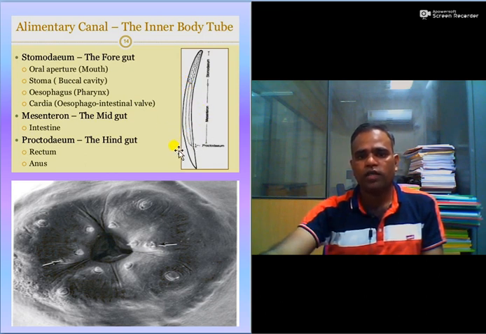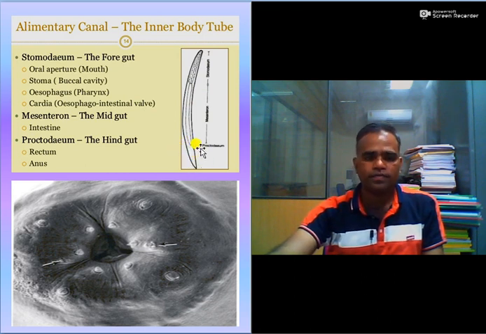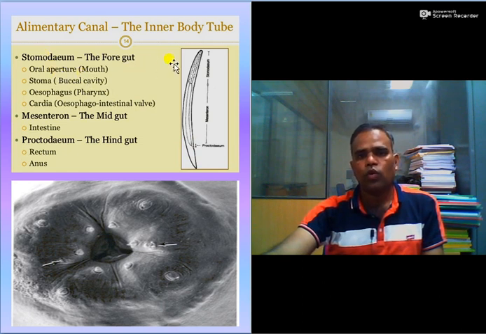Proctodium is the anal or terminal portion of the nematode. So stomatium consists of oral aperture, buccal cavity, esophagus and cardia.